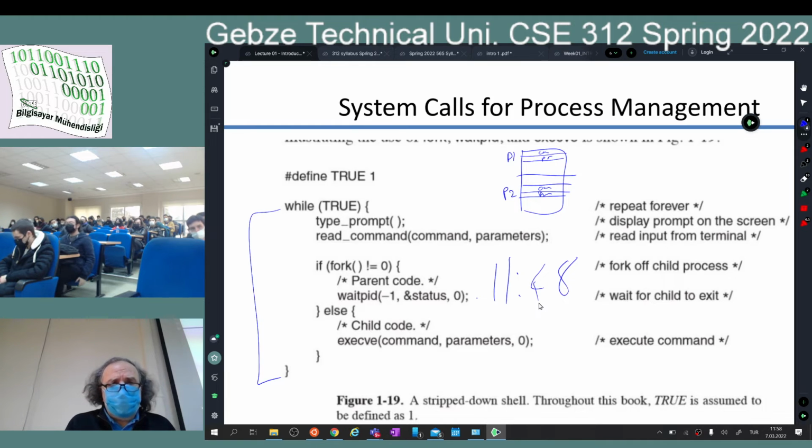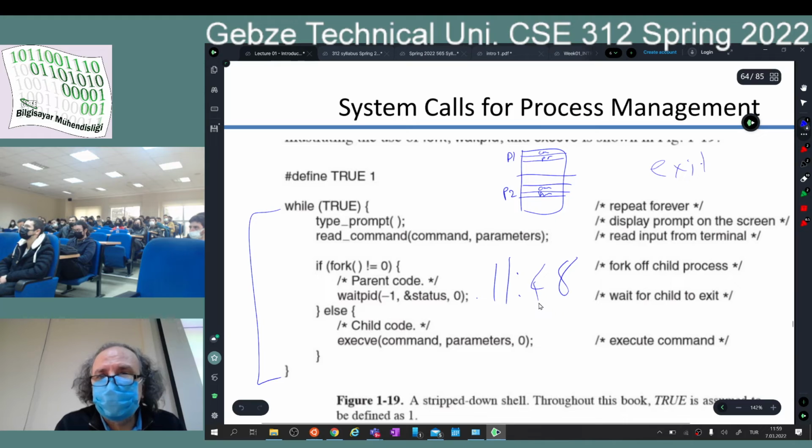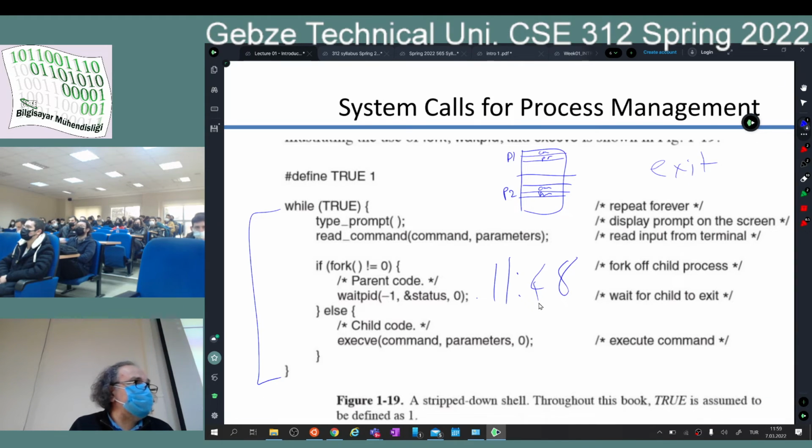One thing that we need to remember here is that there is a system call named exit. You make the system call, and the operating system terminates your process. That's as simple as this.